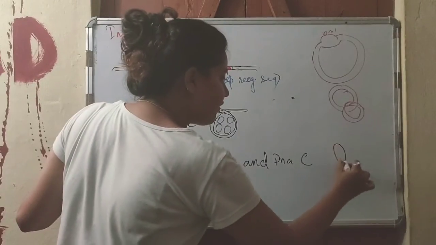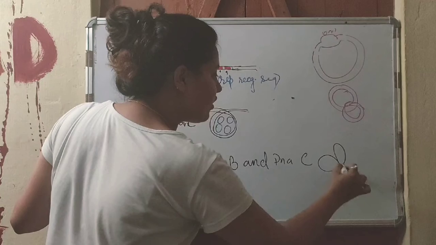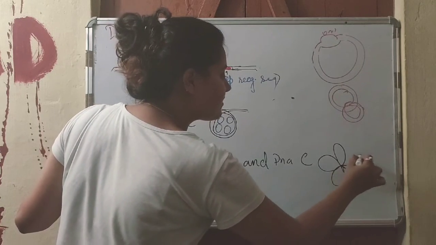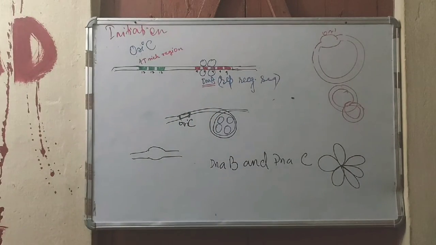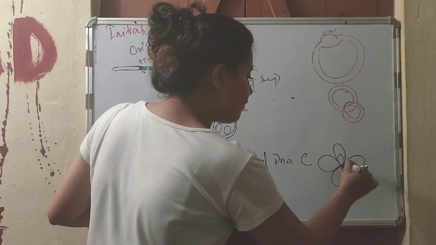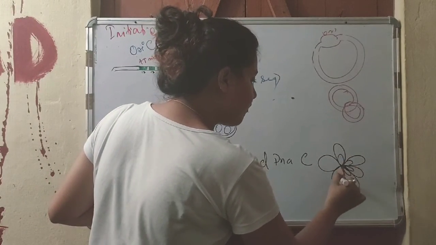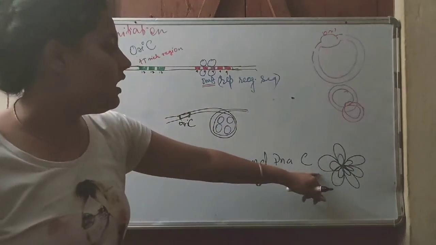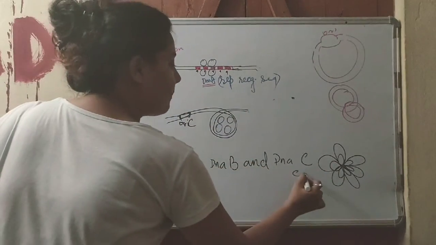They are in this kind of fashion: 1, 2, 3, 4, 5, 6 subunits of DnaB, and 6 subunits of DnaC. 1, 2, 3, 4, 5, 6. This is the DnaB and C complex.